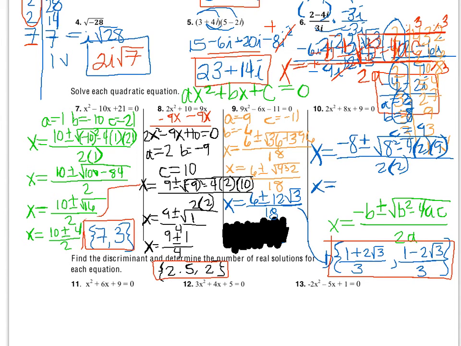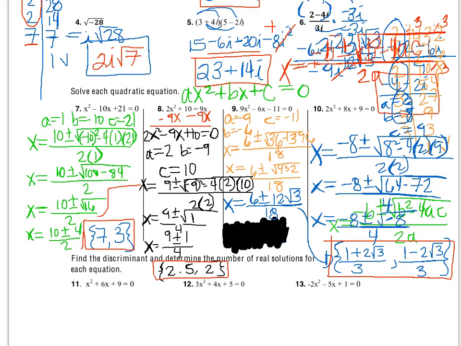So simplifying this up, I get X is equal to negative 8 plus or minus the square root of 8 squared is 64, minus 4 times 2 is 8, and 8 times 9 is 72. And this is all divisible by 4. Now I get X is equal to negative 8 plus or minus the square root of 64 minus 72, and I get negative 8, all divisible by 4.